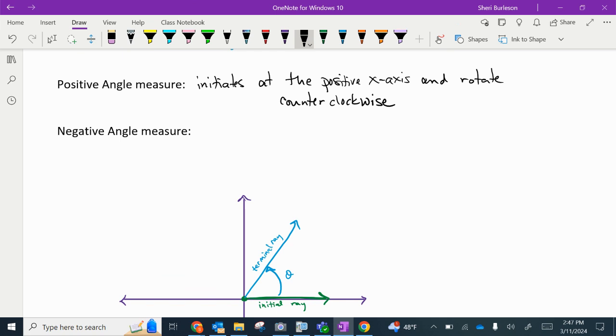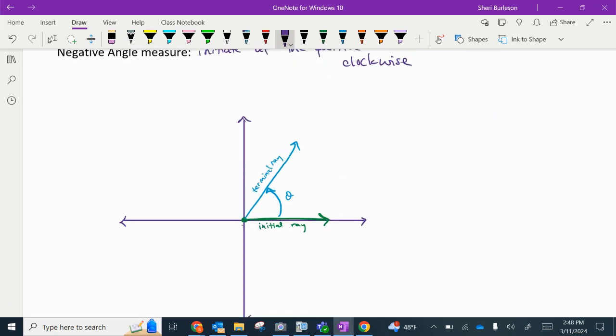A negative angle measure. Any ideas? So we are going to initiate again at the positive x-axis, and rotate clockwise.